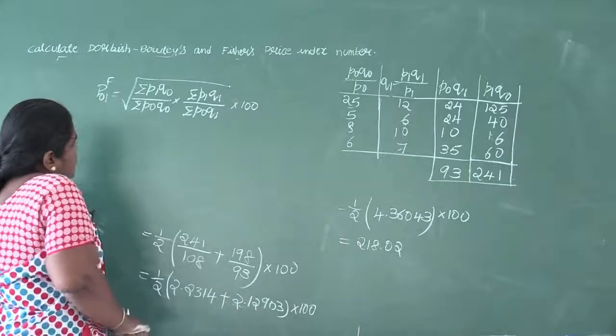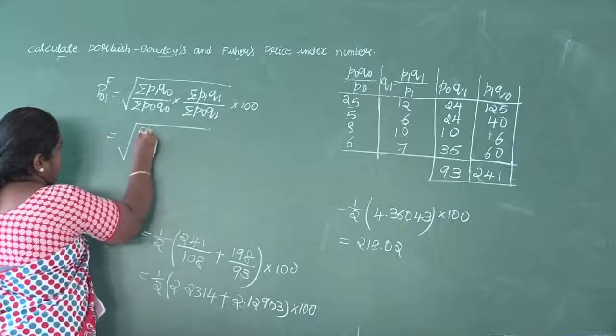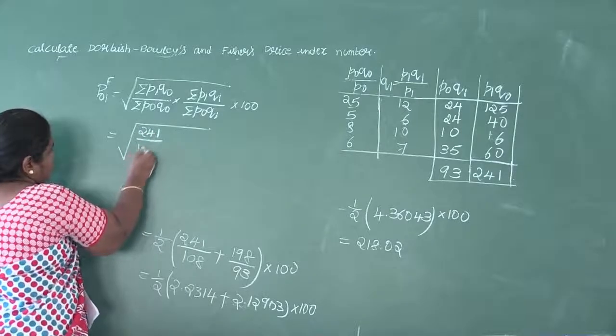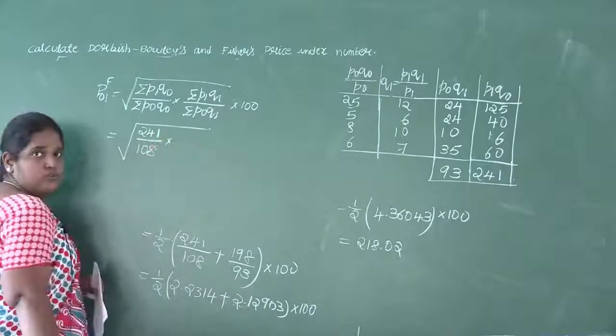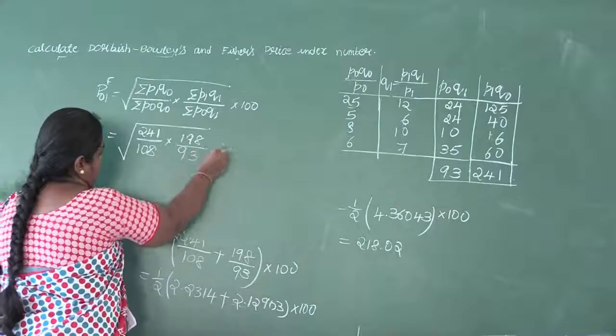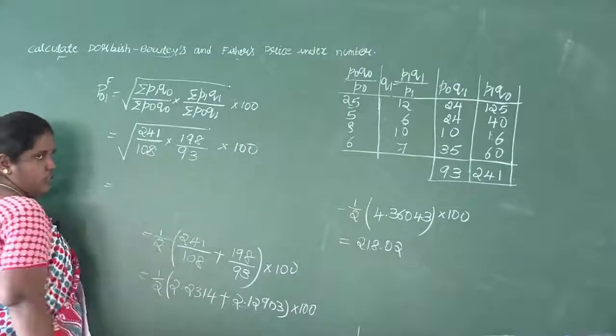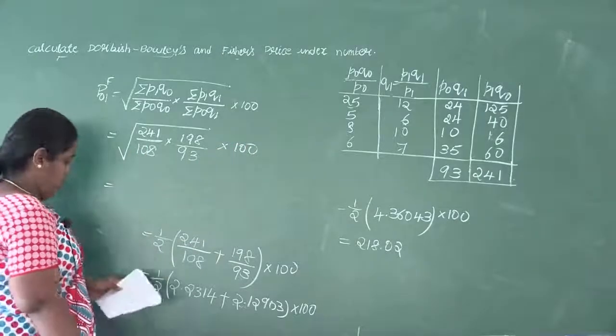Then substitute in this, we'll get square root of 241 divided by 108 into 198 divided by 93 into 100. So I am going to multiply the numerator, multiply the denominator.